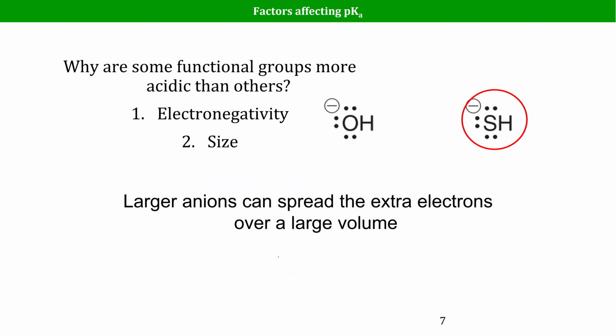All right, so within the same row of the periodic table, more electronegative means more acidic. If you're talking between rows on the periodic table, larger atoms means more acidic.